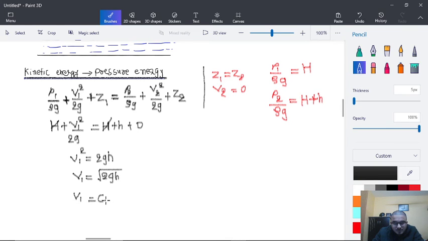V1 is equal to Cv into square root of 2gh, where Cv is equal to the coefficient of Pitot tube.